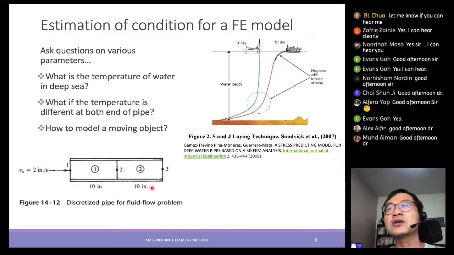You want to see how it will affect the flow of the fluid, but how should you model this? In the computer, this pipe is static, right? So what you need to do is to apply a proper boundary condition to simulate that particular movement, which I will discuss later on.